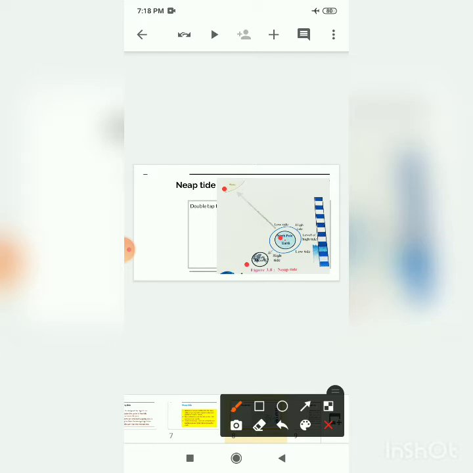Now what happens, students? The sun's pull is from this side and the moon's pull is from this side. Since the moon is closer to the earth, its pull will be stronger than the sun's.